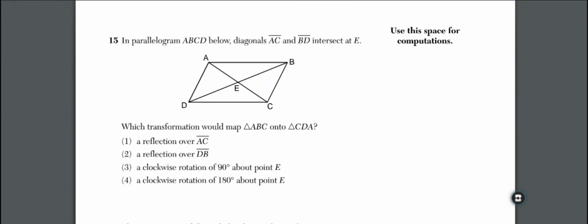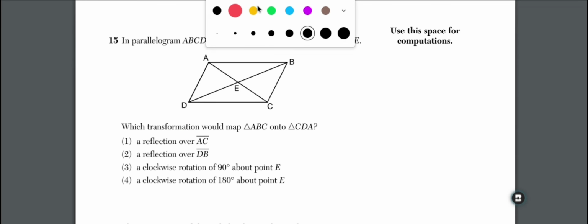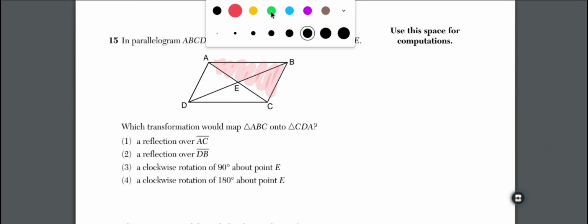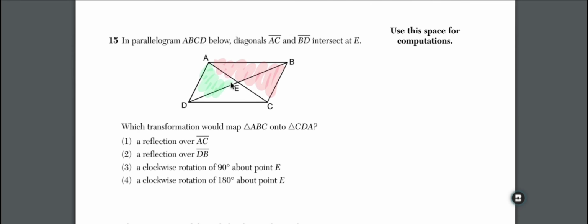So we left off at question 15. Question 15 says, in parallelogram ABCD below, diagonals AC and BD intersect at E. Which transformation would map triangle ABC onto triangle CDA? So the triangles that we are being asked about are triangle ABC, which is this triangle right here, and triangle CDA, which is this triangle right here.